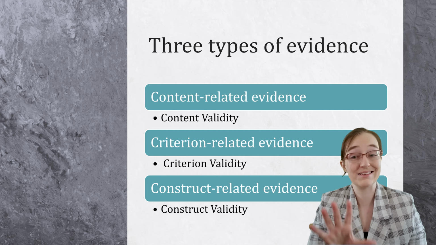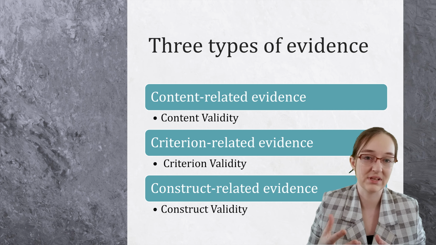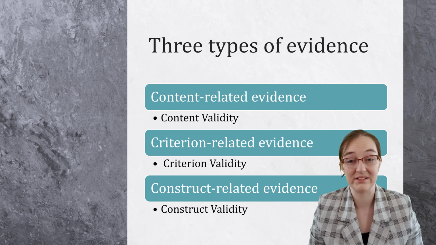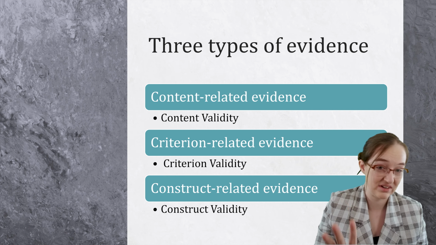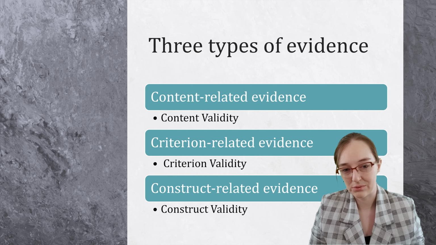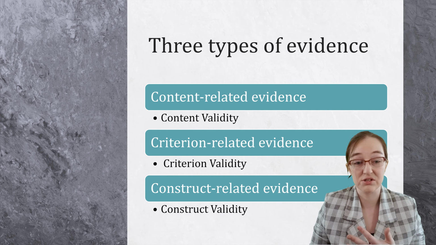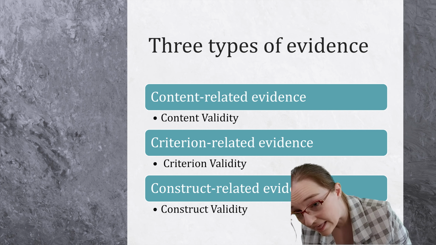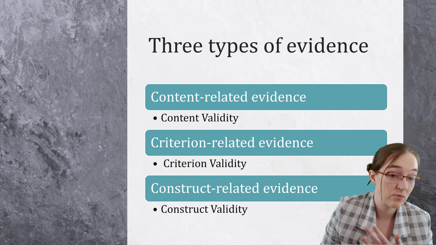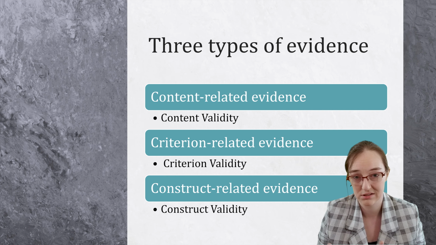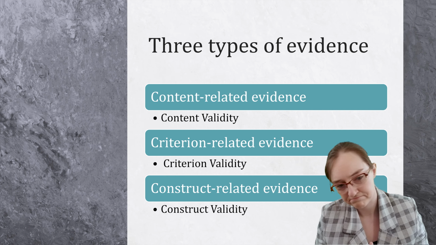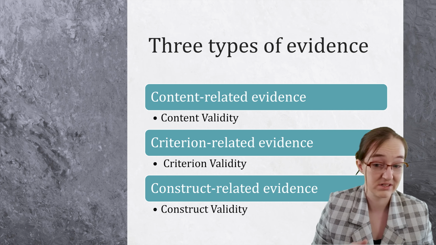Okay, so content-related evidence. This is related to, shocker, content validity. So this is based upon an analysis of the body of knowledge surveyed. It can be thought of as the degree to which elements of an assessment instrument are relevant to and representative of the target construct for that particular assessment purpose.